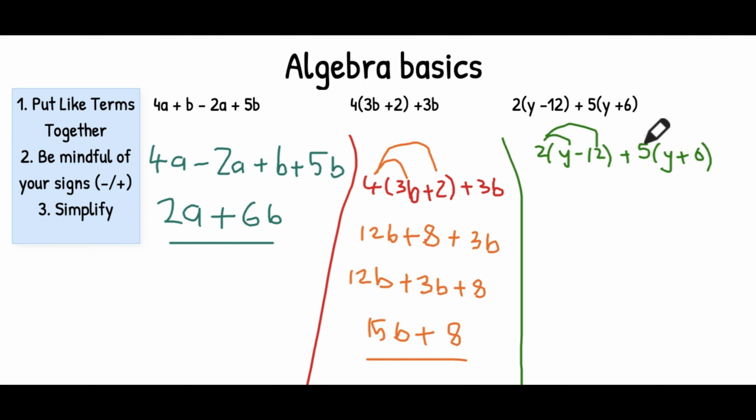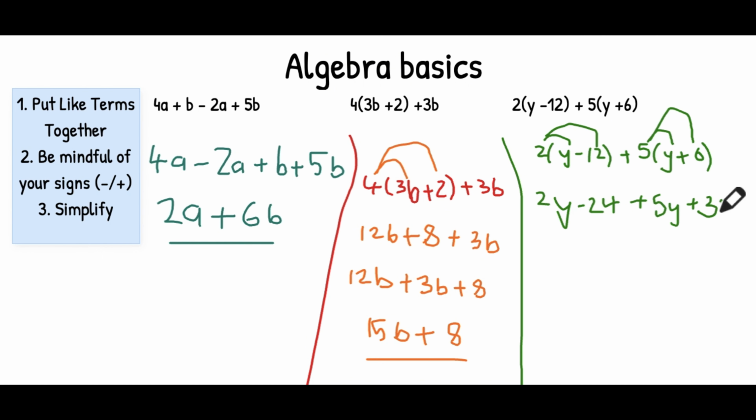The same with this side. The 5 multiplies the y, and the 5 multiplies the 6. So 2 times y is 2y. 2 times negative 12 is minus 24, or negative 24. Then 5 times y is 5y, plus 5y because they're both positives. Then 5 times 6 is 30.